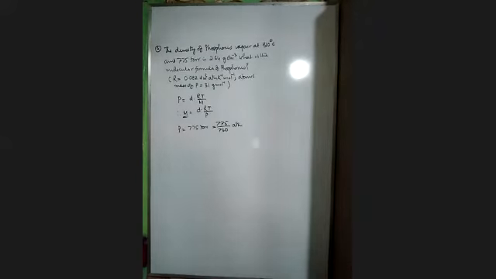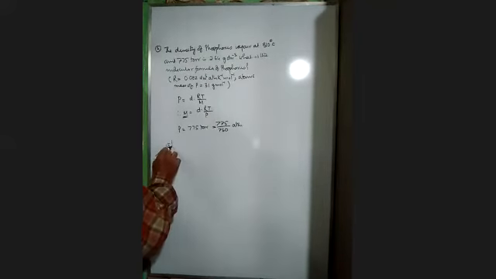Now see here. We know molecules are being formed by combination of atoms, is it not? So that is called atomicity. Atomicity means how many atoms are present in one molecule of an element. So how will you find?